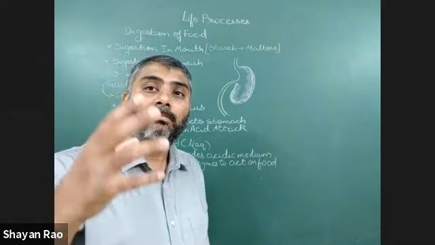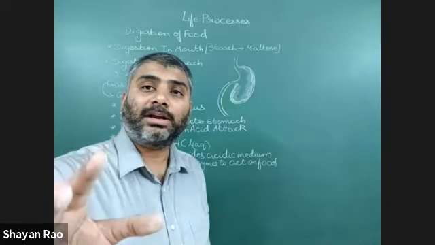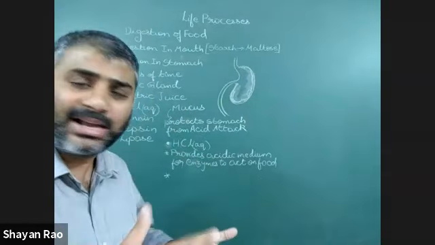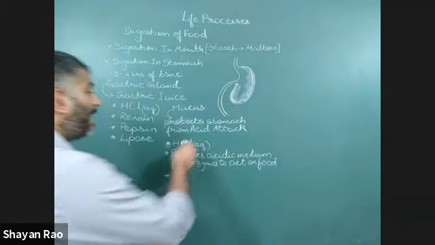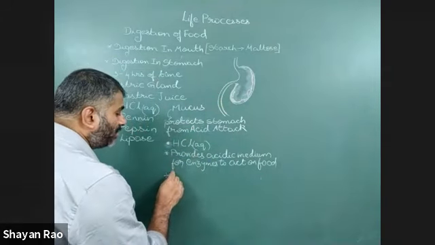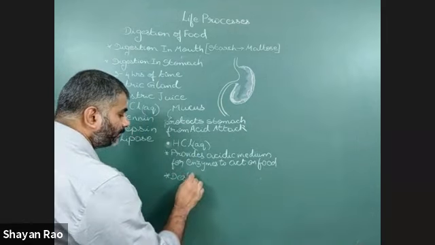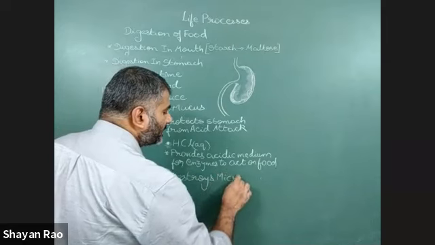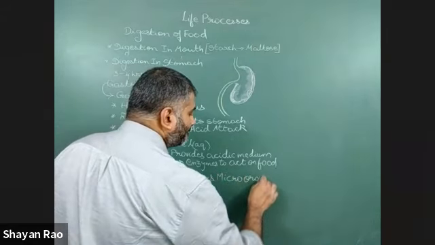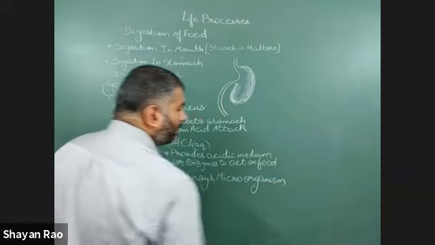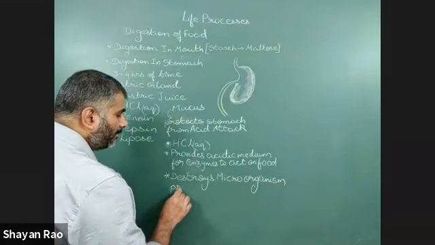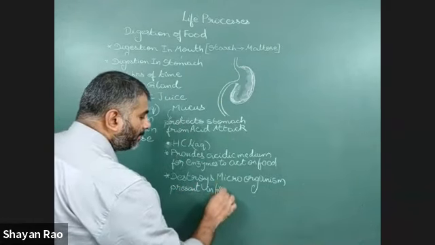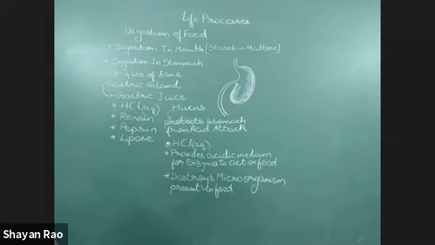Microorganisms usually cannot survive in an acidic medium, so they die. Hydrochloric acid destroys the microorganisms present in food. Is that clear to everybody?